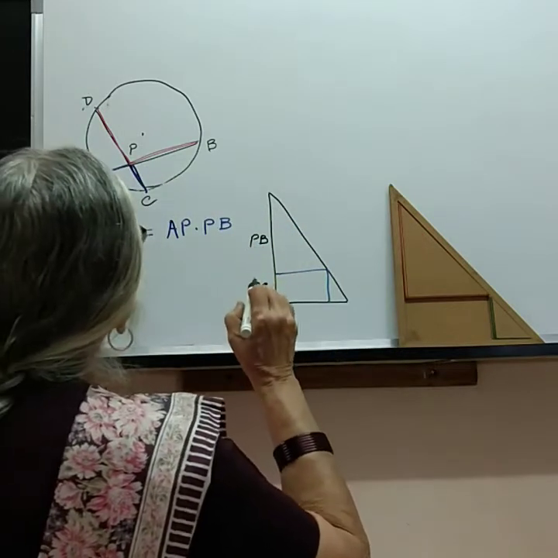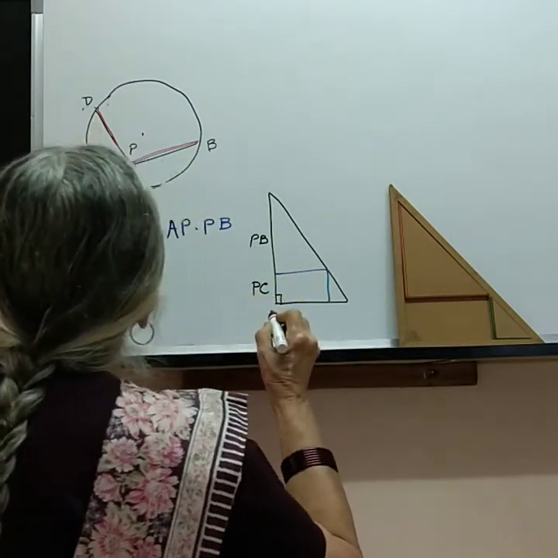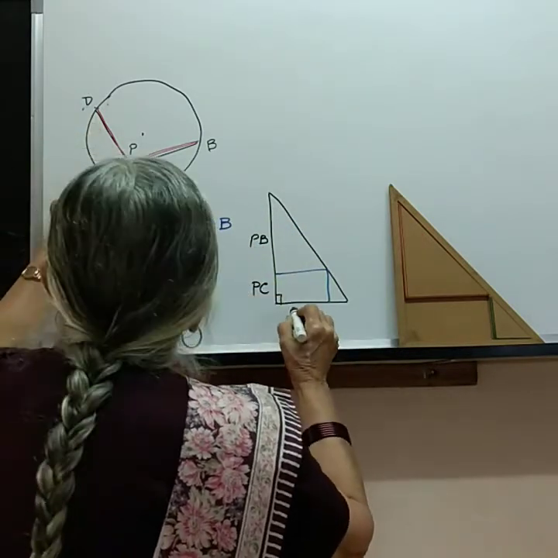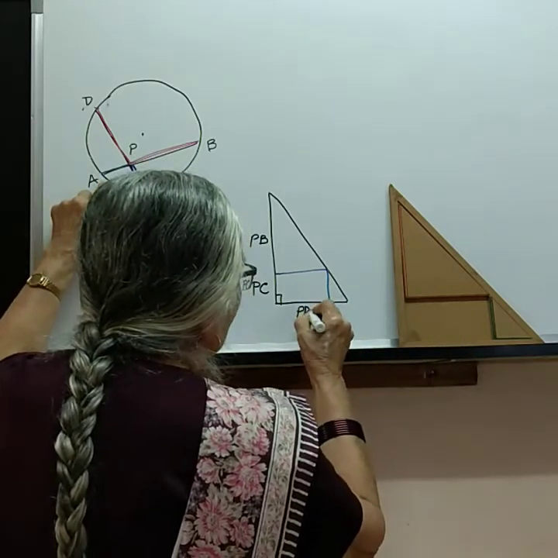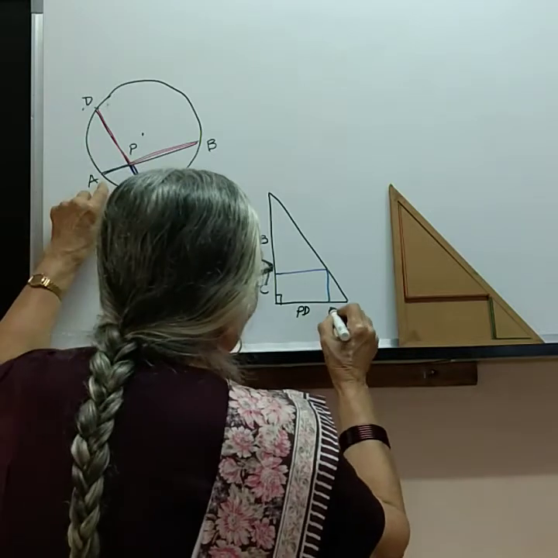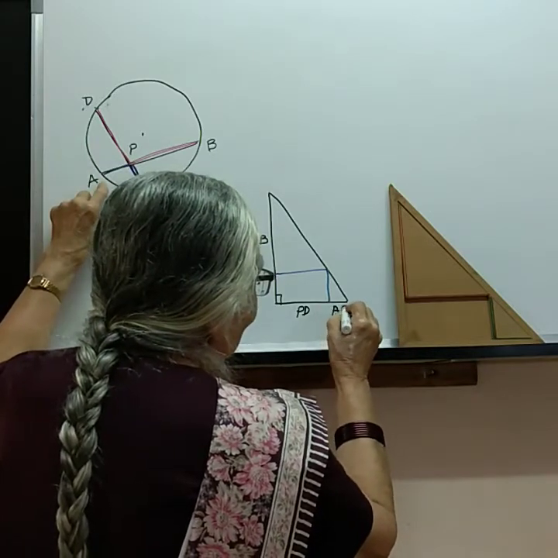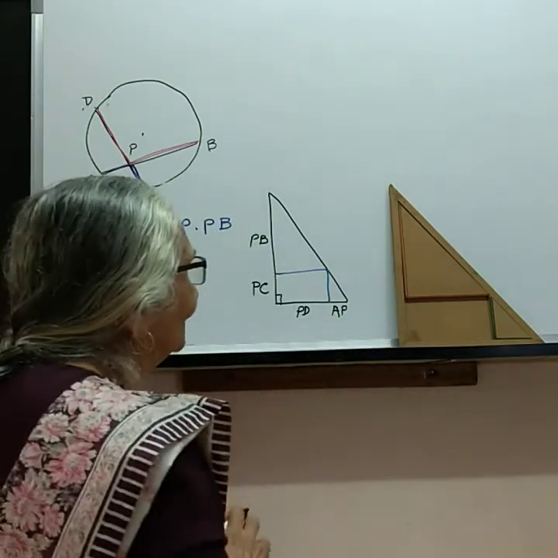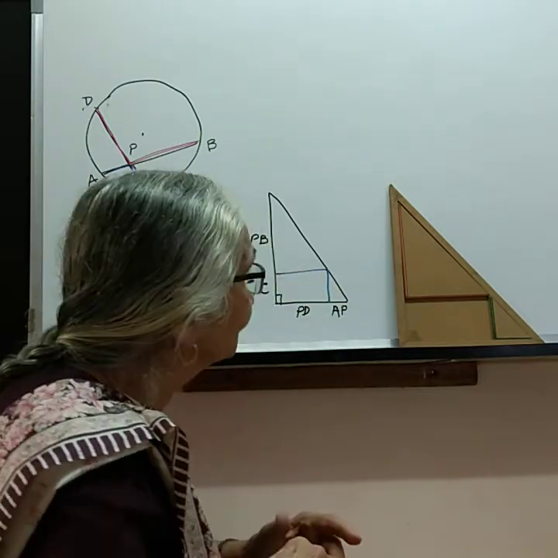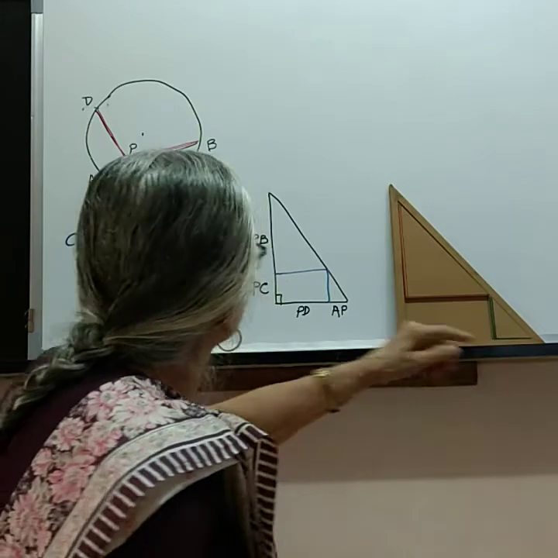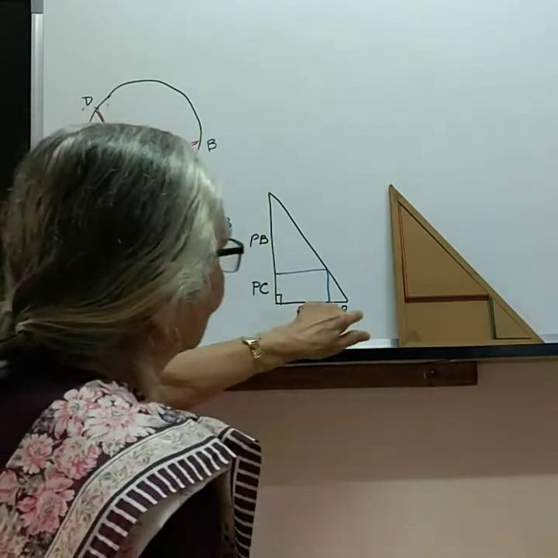So single red is PD and single green is AP. It doesn't matter which comes first, because ultimately we want this length which is PD plus AP or AP plus PD.